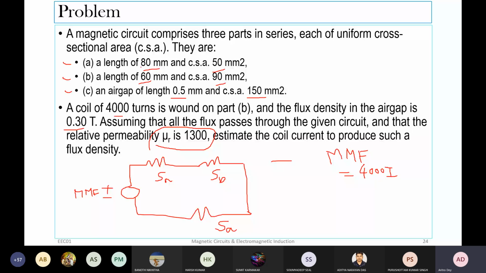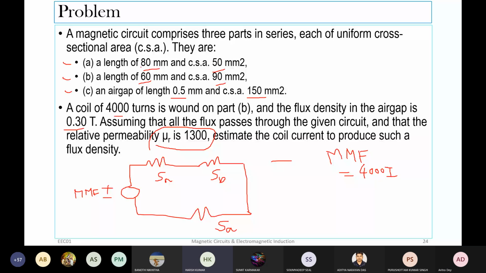That will be this total ampere turn divided by 4000, right? So this is actually 80 divided by 4000. This much milliampere current will be required to generate 0.3 Tesla flux density in the air gap. Okay. So is it clear, or do you want me to explain once again?